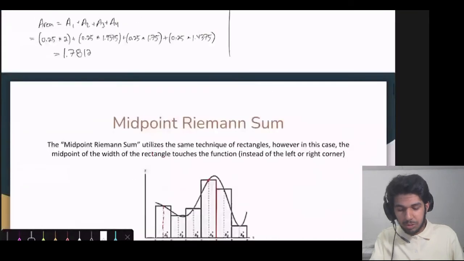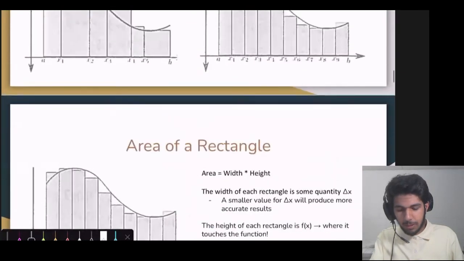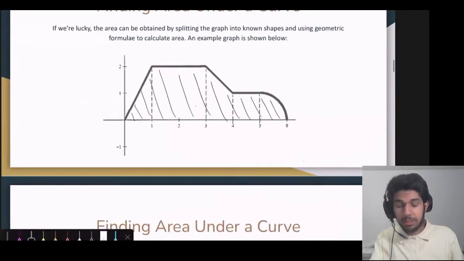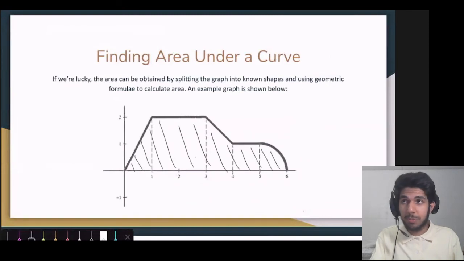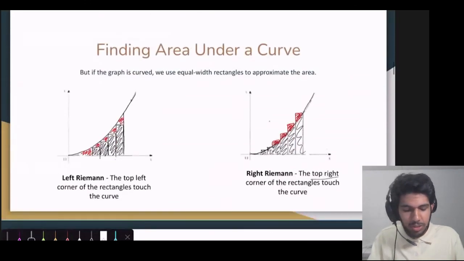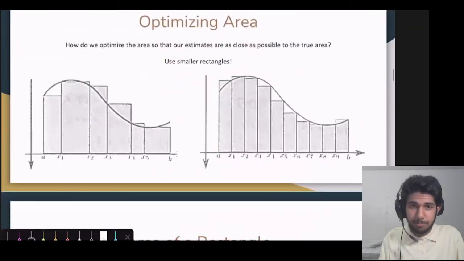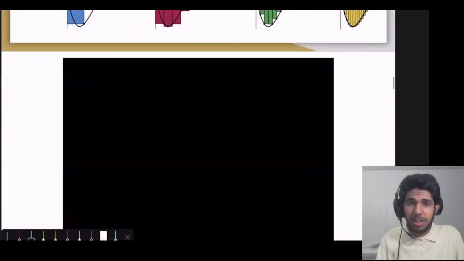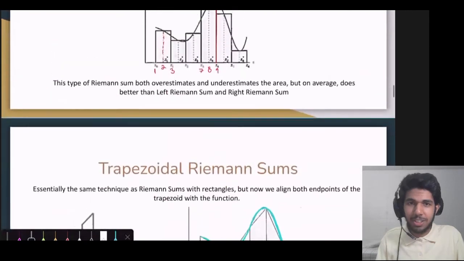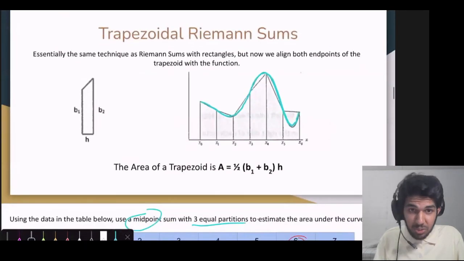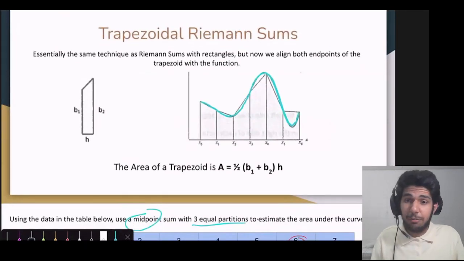Just as we would do with something like this, where we split it up into shapes we're familiar with, we do the same thing, except we just make these shapes really, really thin. That's all that Riemann sums are, and there's different ways of doing it. Using a left Riemann, a right Riemann, a midpoint Riemann, where's the midpoint Riemann? Right here, or trapezoidal. They do require a lot of arithmetic, I won't lie about that.